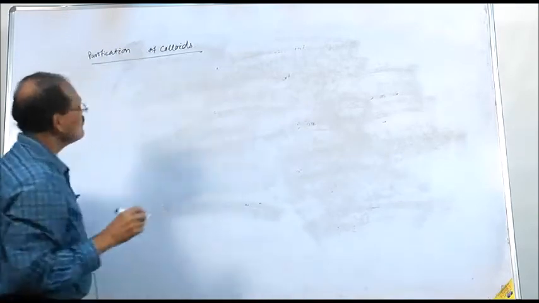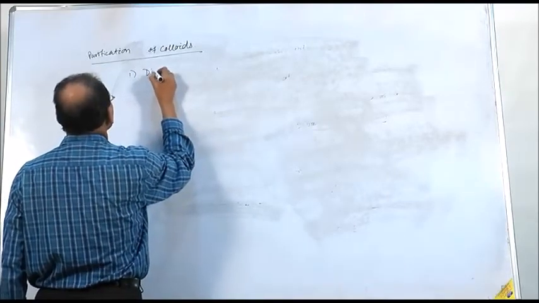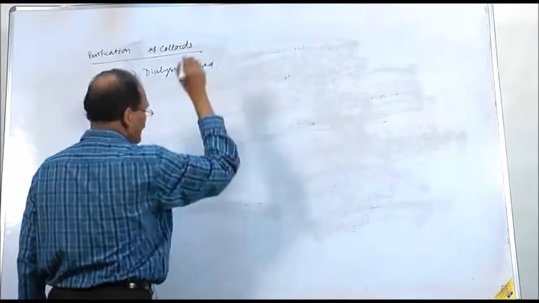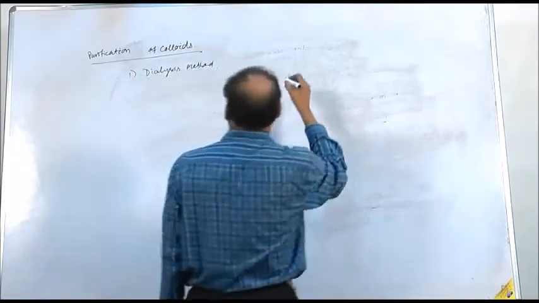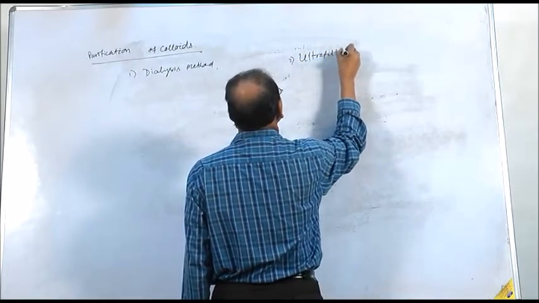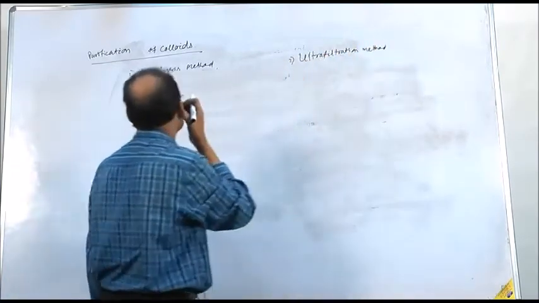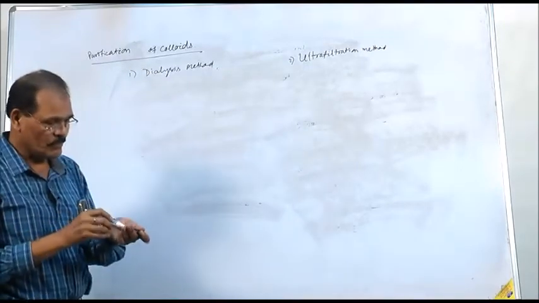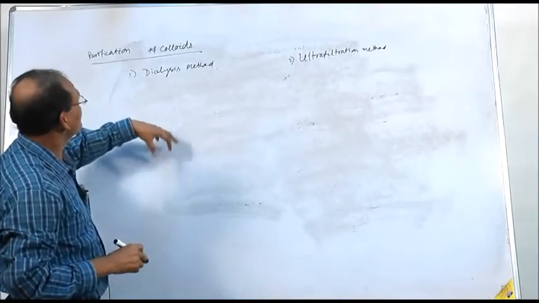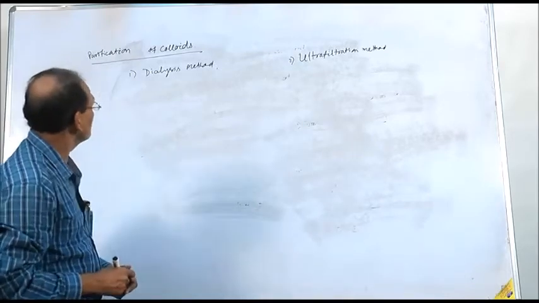Purification of colloids. In that case, one is the dialysis method, and the other is the ultrafiltration method. In dialysis, as you already know, an animal membrane is taken and the colloidal solution, along with the crystalloid solution, is added to it.